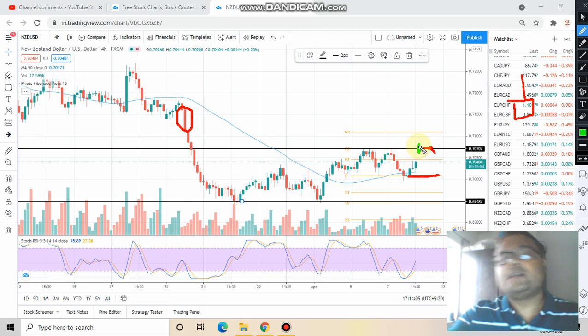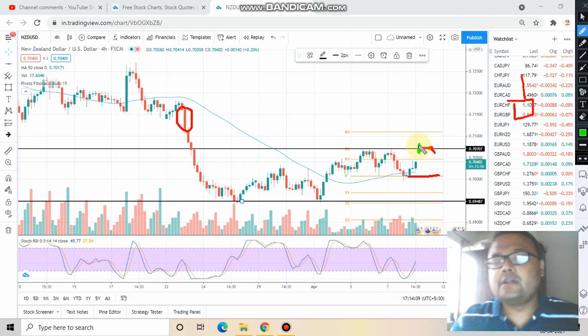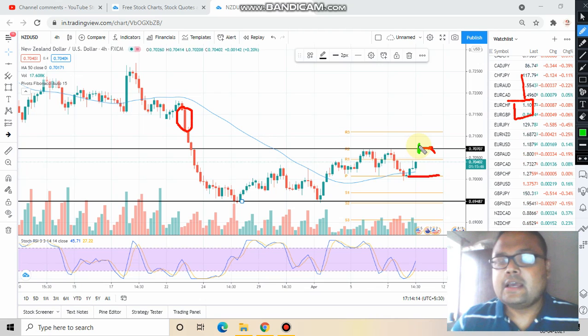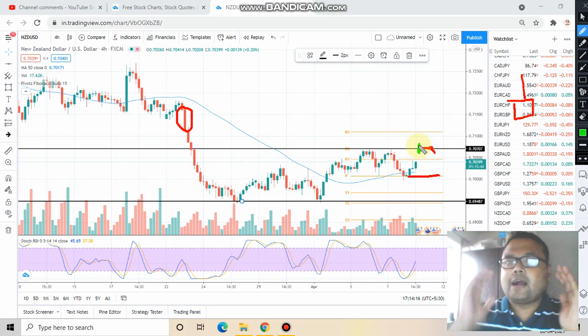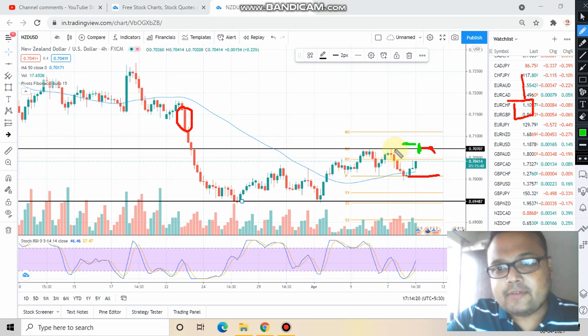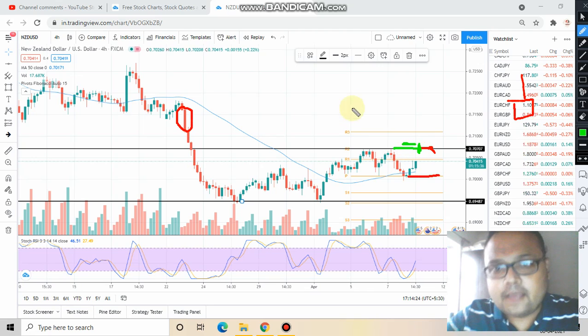In case market crosses this level, then just observe the price for at least 3 to 4 hours and try to understand how the price is doing. If you see that price is trading comfortably above this level, then you can easily go for a buy.